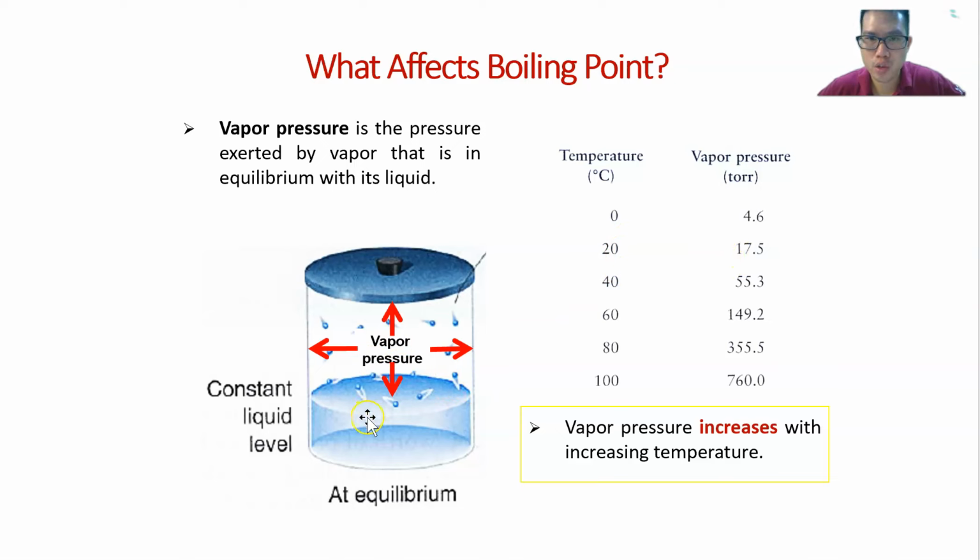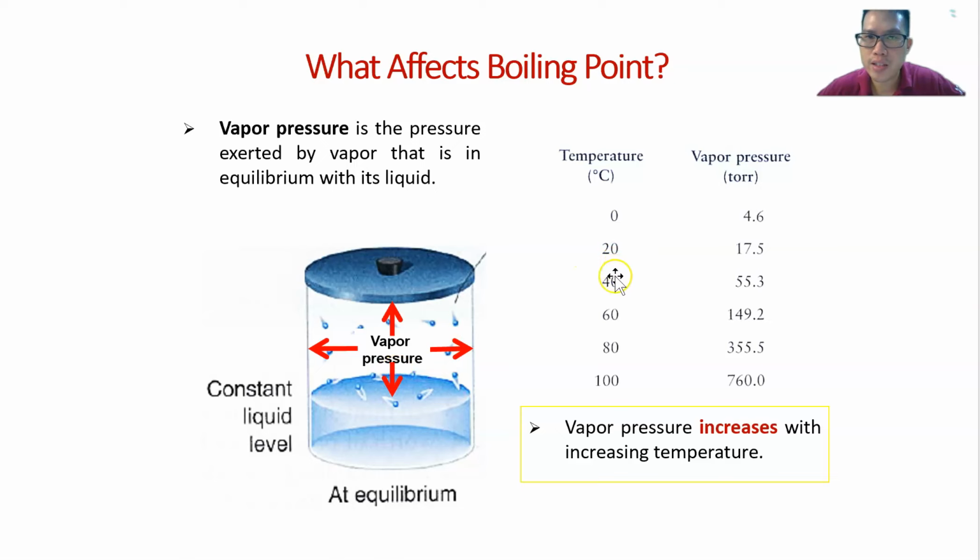So some of the molecules will change to a gaseous state and evaporate slightly. Some of the water molecules escape from the liquid, but very mildly. So the vapor pressure is very low.